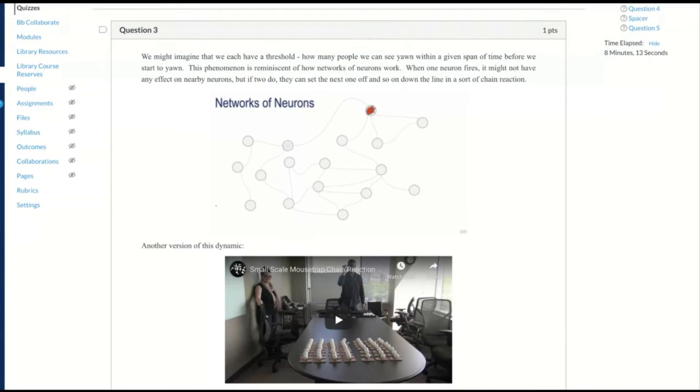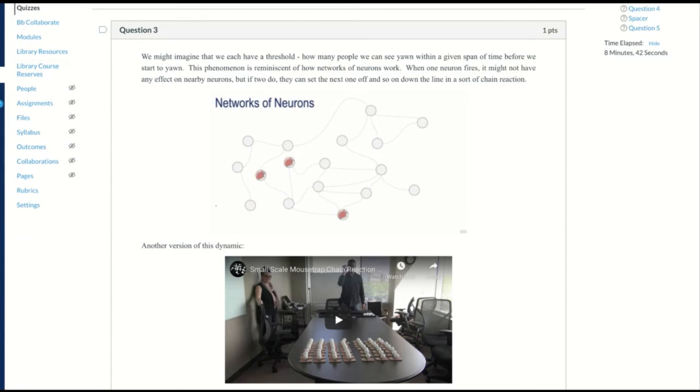And so the graphic on the top of this page is a network of neurons. So each of the gray circles is a neuron. And when they turn red, that means that the neuron is firing. And the pattern that we see is we start off with two neurons firing, and then a neuron that's listening to the two of them fires, and then another one fires, and then the neurons listening to them fire, and so on.